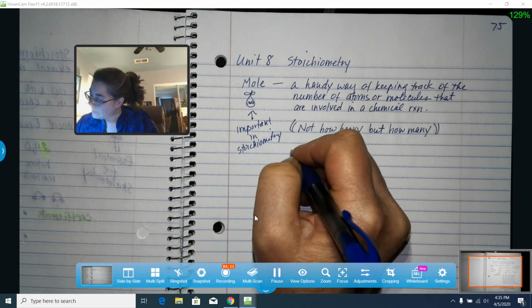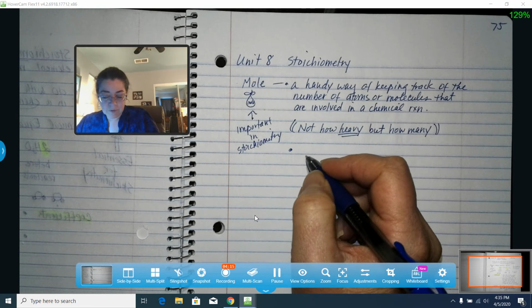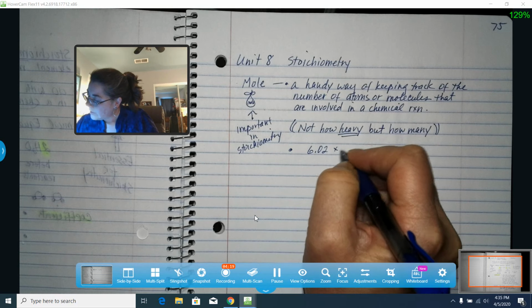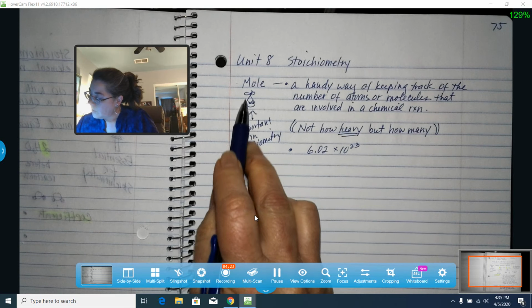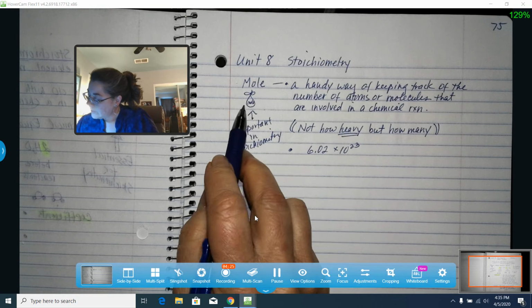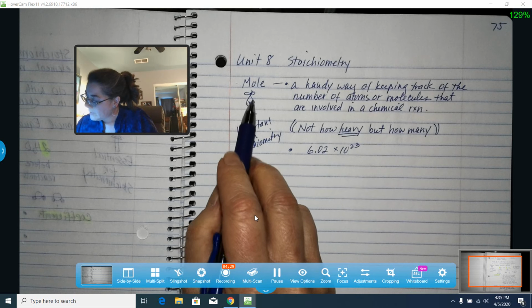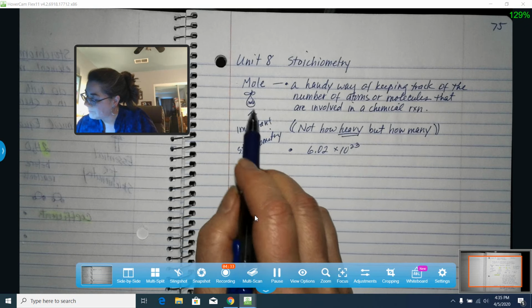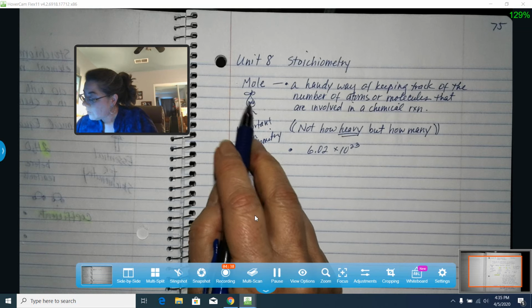Okay, and we also know that it is 6.02 times 10 to the 23rd. So a mole, the number is a number, and if you have a mole of something, you can imagine you have this sack that is full of whatever, basketballs, atoms of gold, whatever.